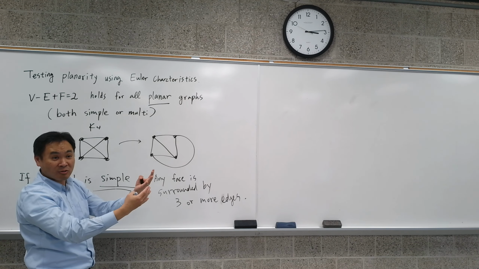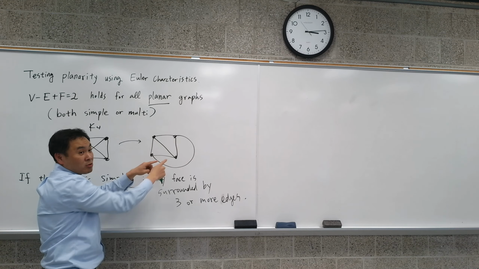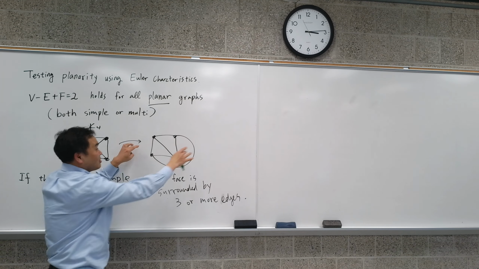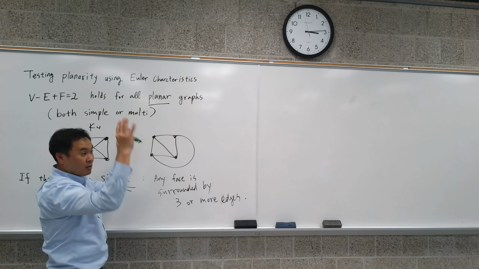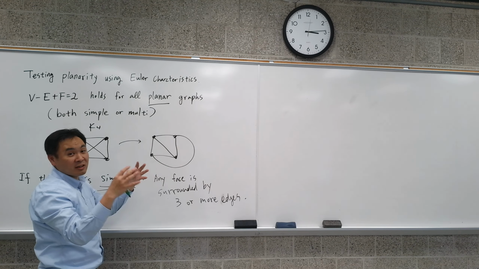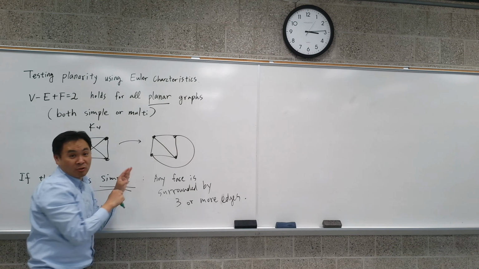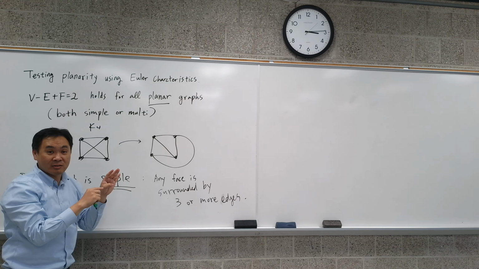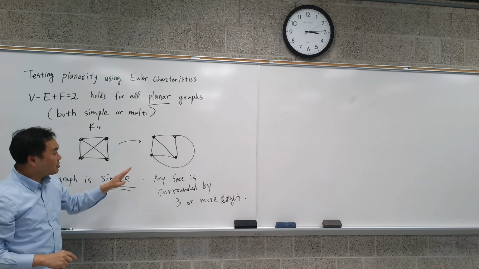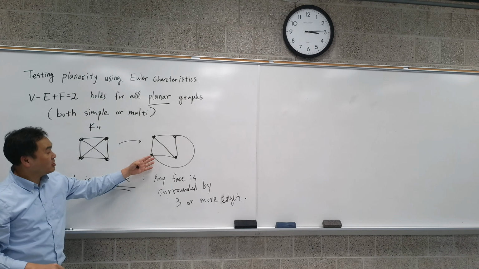Can you imagine that? Does that make sense? If this is drawn on a balloon, then this other side is really a face that gets connected on the other side, right? And then you can say that the boundary of that face is really 1, 2, 3 edges. Does that make sense? So this is an example where every face has three edges.